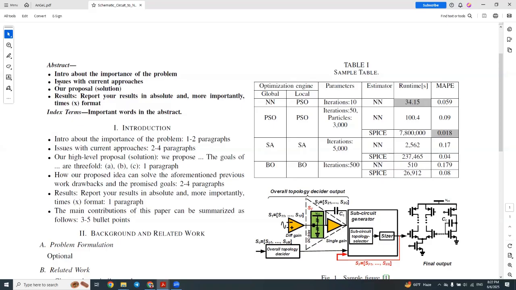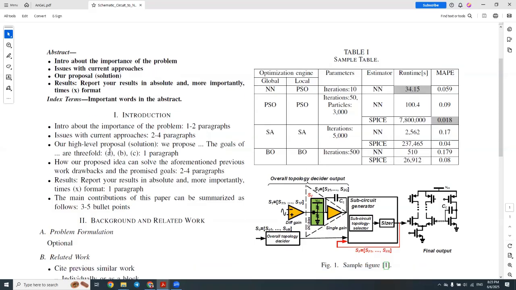For the issues of the current approaches, we should support them with more details and talk about how our approach is going to solve them. We should make sure that we solve all the problems that we are talking about in the previous approaches. So we have two to four paragraphs talking about issues with current approaches.